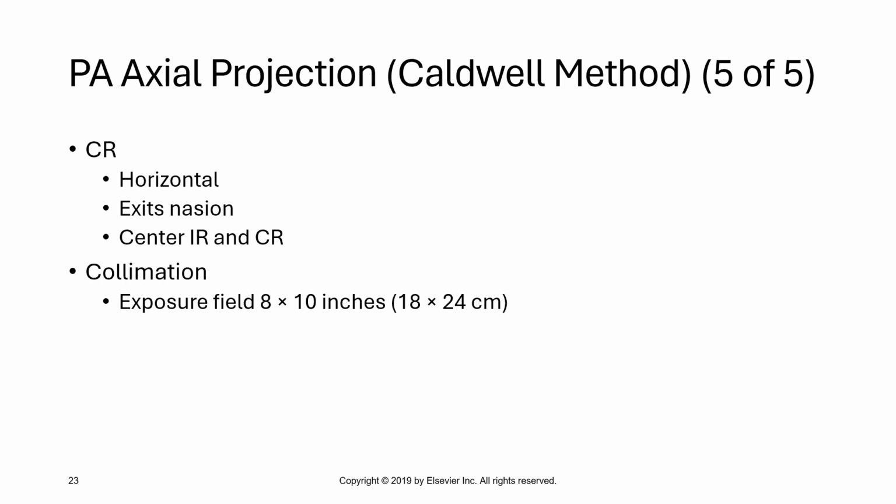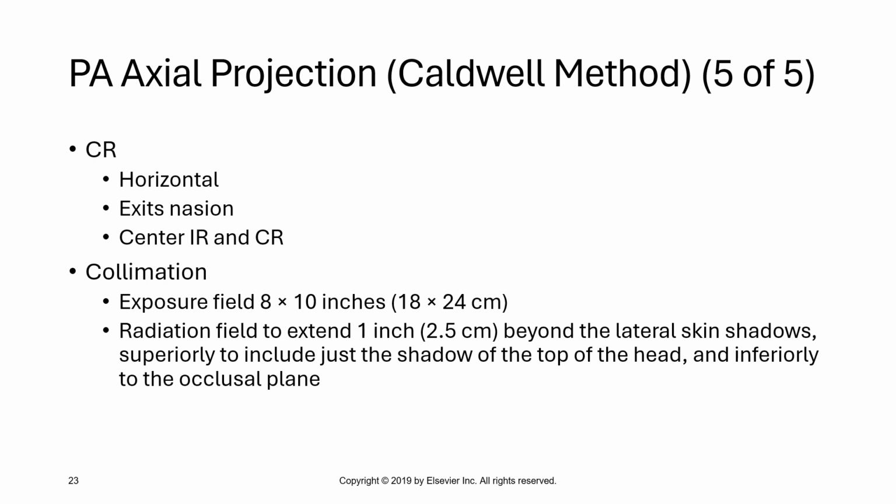We're trying to see the frontal sinuses and the anterior ethmoid sinuses, both of which are centered to the midline, so you don't need a lot of room side to side. Honestly, for most folks, 6 inches of collimation side to side is going to be plenty. Radiation field to extend 1 inch beyond the lateral skin shadows, so basically the edge of their head on the image receptor or the vertical Bucky.